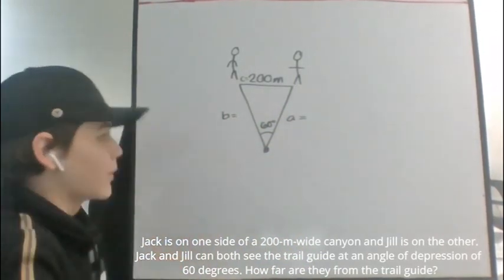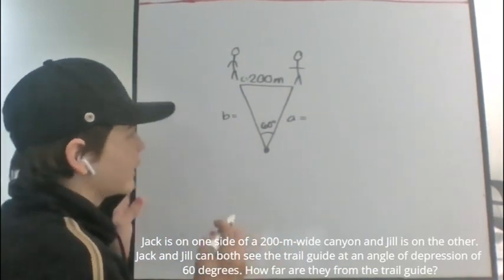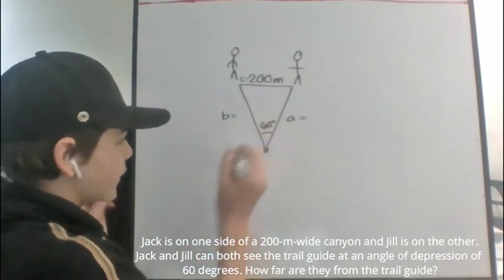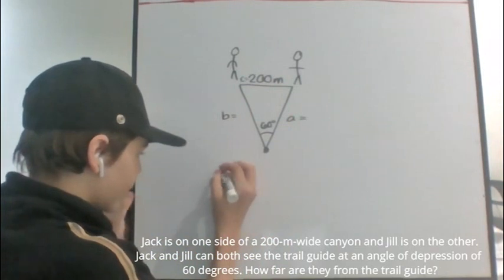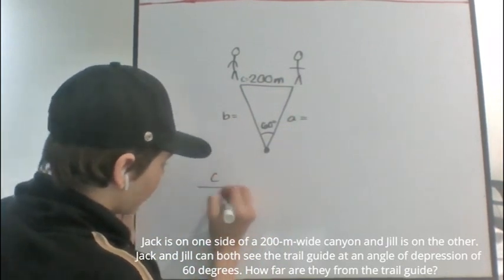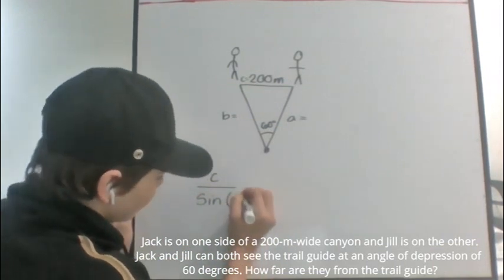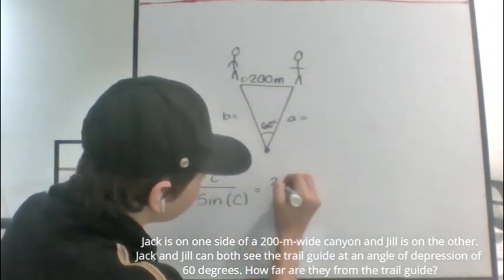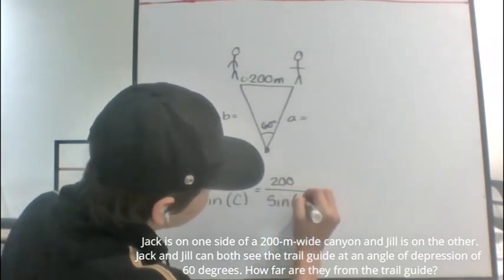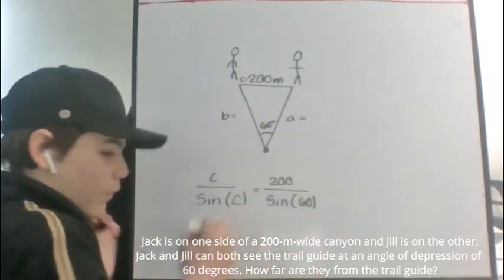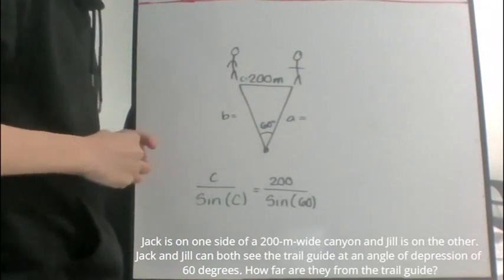Okay, in this case, we will have to use a function that has the angle of depression. It's going to be the angle of C and the letter C. So we're going to use C over sin C, which is the same as 200 over sin 60. Okay, we already have this one, but what we are trying to do is to find the other ones.